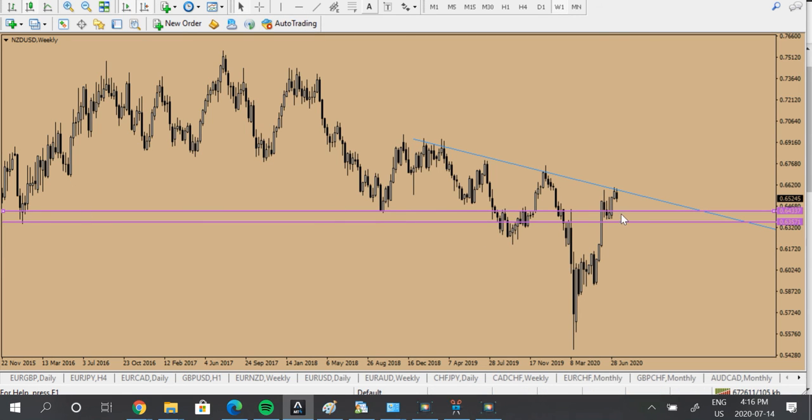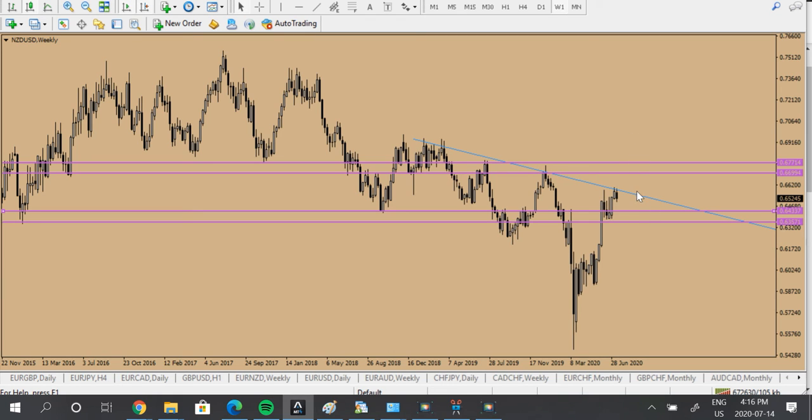This would be a good area for a quick buy, or it may just be a buy and then break that trend line and then get into that stronger resistance, which would make a great sell.